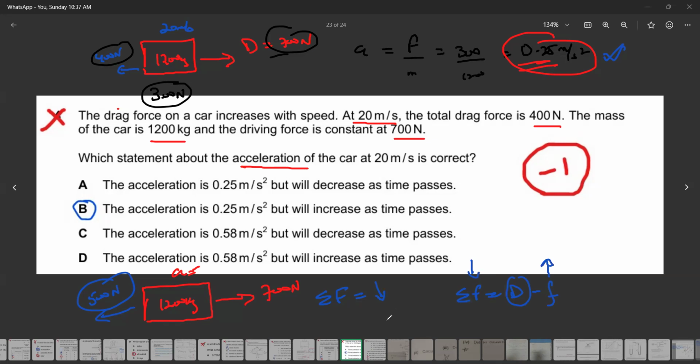If the resultant force decreases, the acceleration of the car should also decrease. It has an acceleration of 0.25 right now, but because the car is still accelerating, its speed increases and the drag force increases, so the acceleration and the resultant force should decrease. So A should be the right answer.